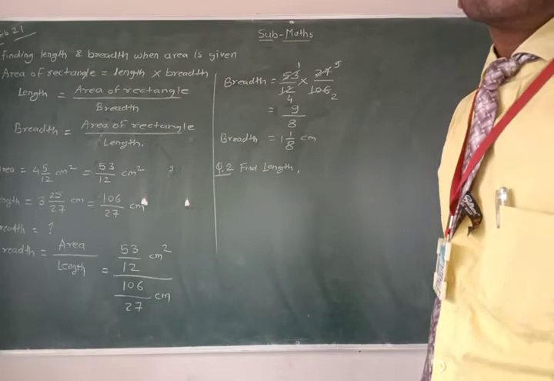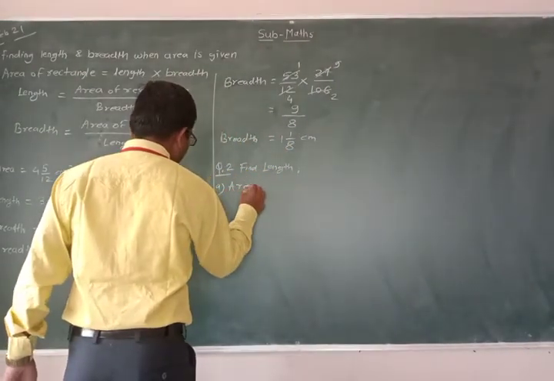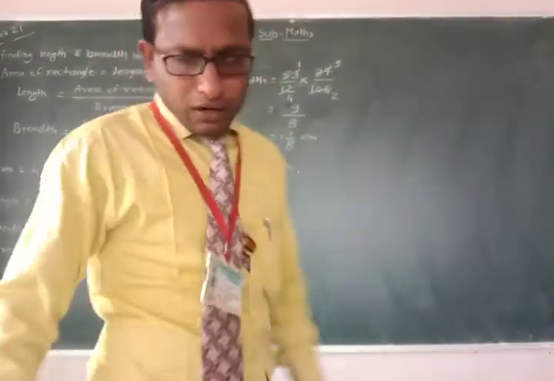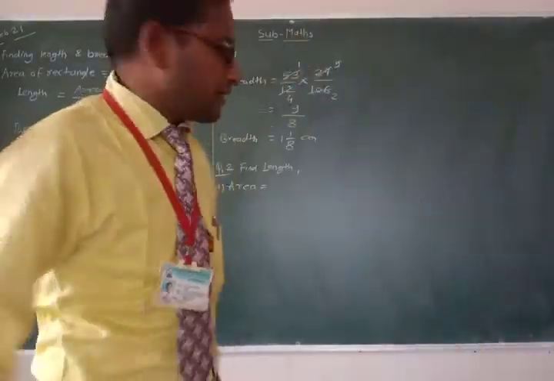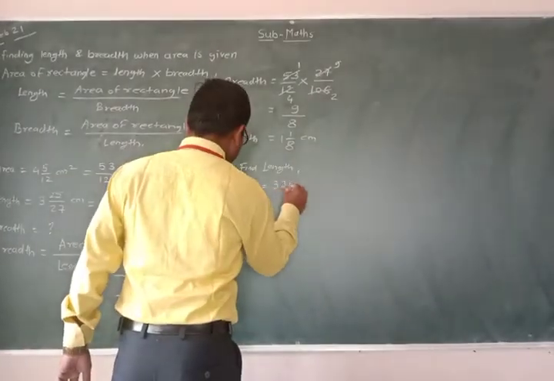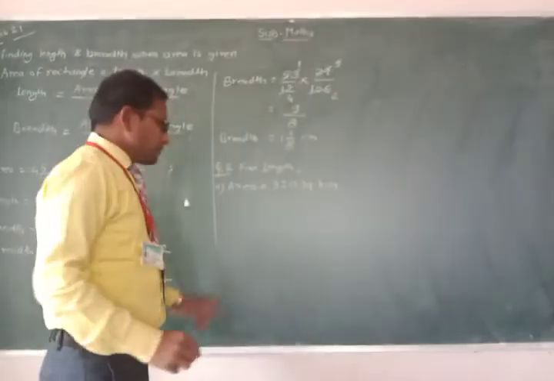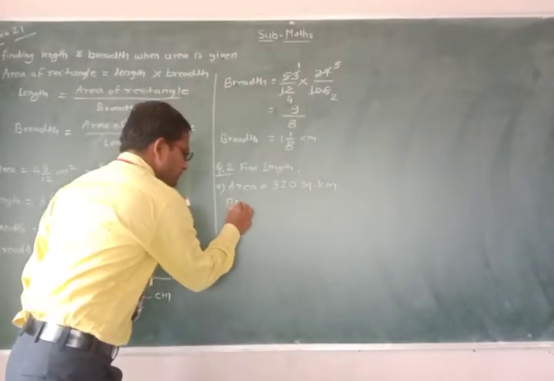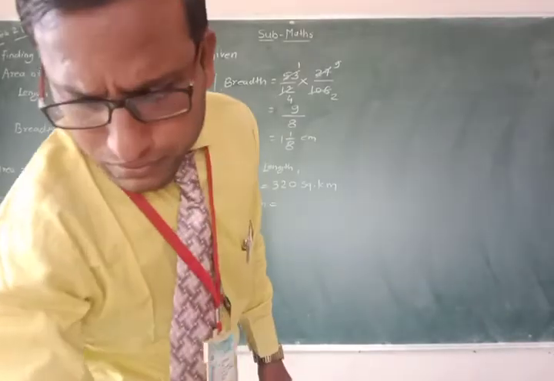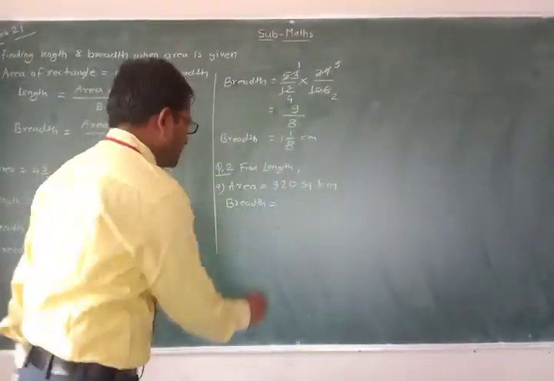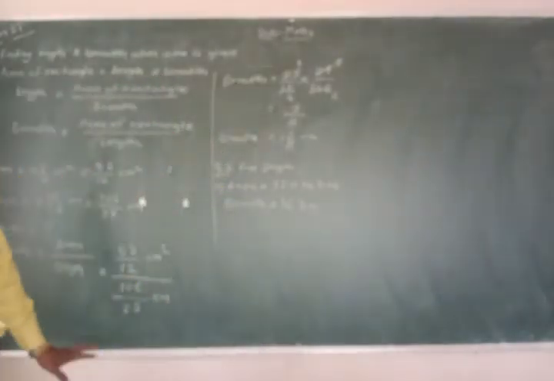In the first example, area is equal to 320 square kilometer, and breadth is equal to 16 kilometer.